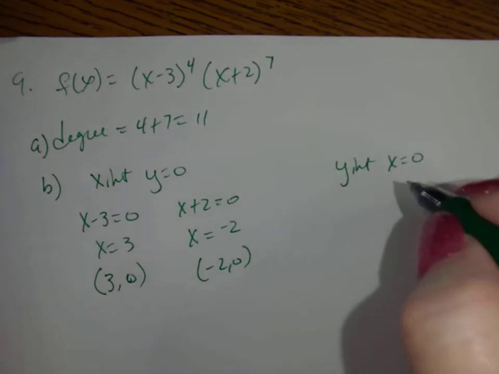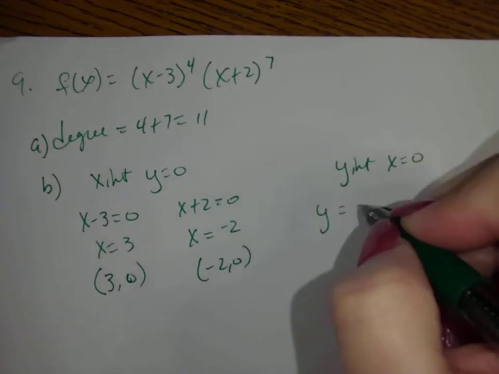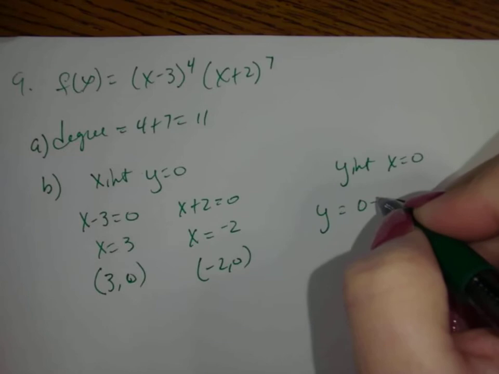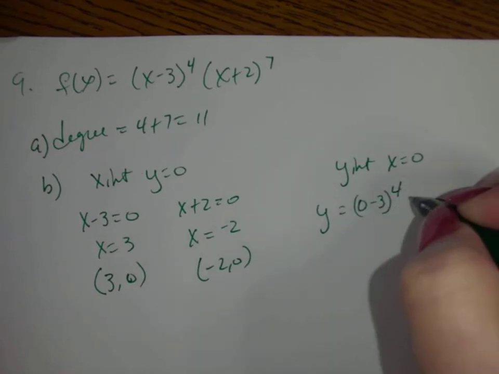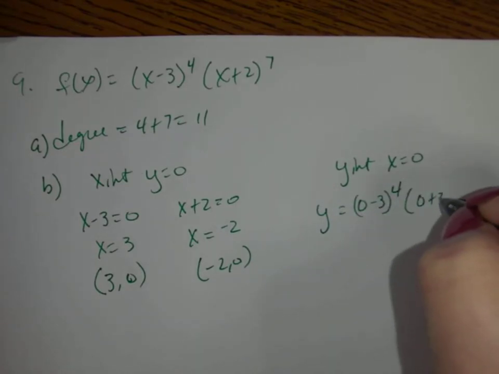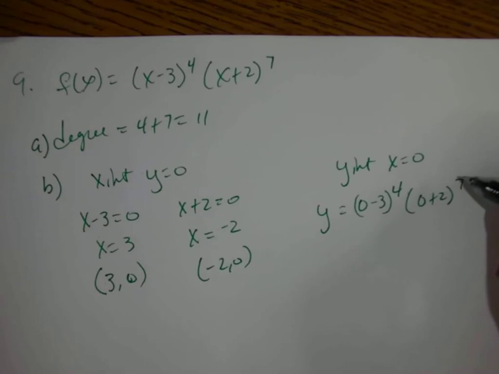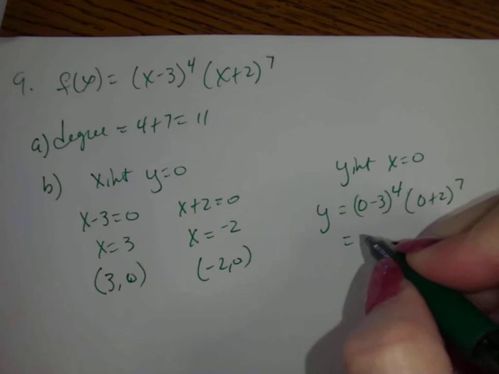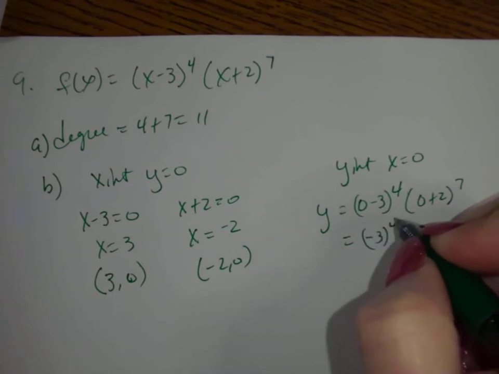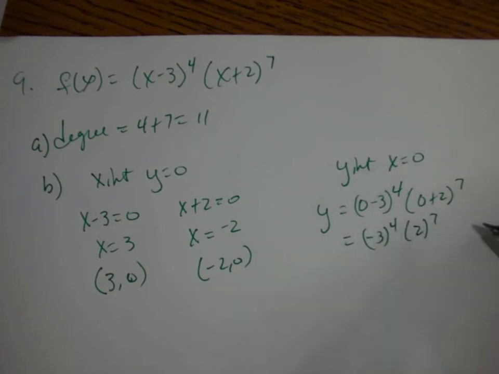And then for our x equal to 0, we'll have y equals 0 minus 3 to the 4th times 0 plus 2 to the 7th. So this will get us negative 3 to the 4th times 2 to the 7th power. And you can do them separately, or you can just put it in the calculator at that point.